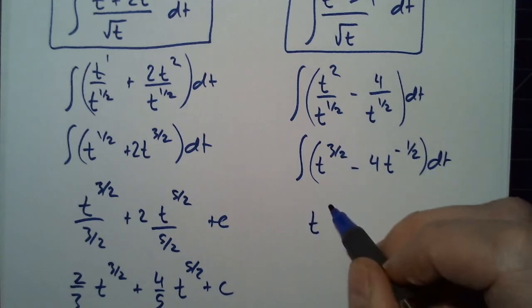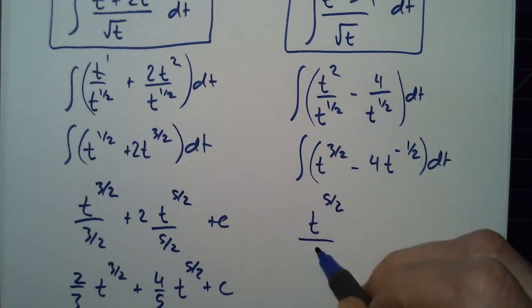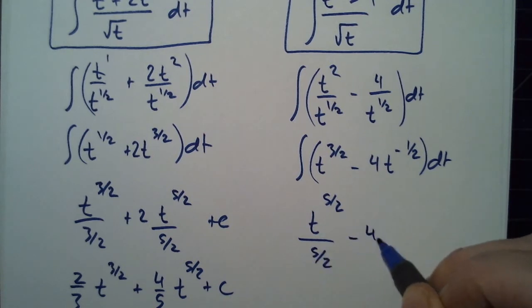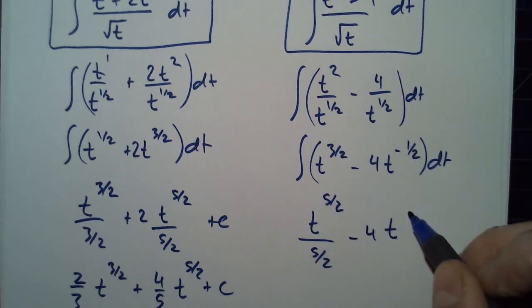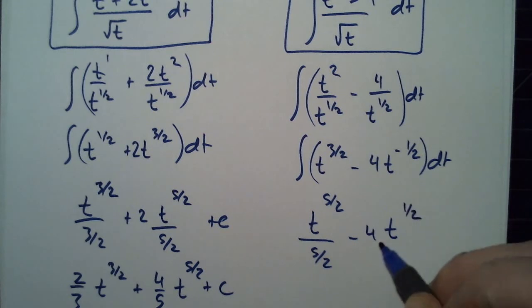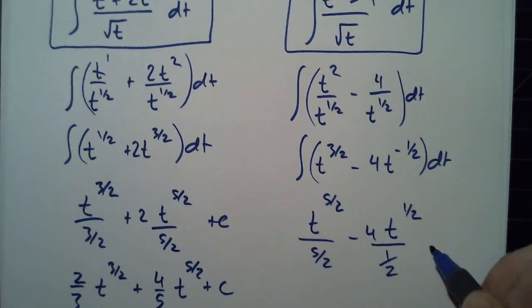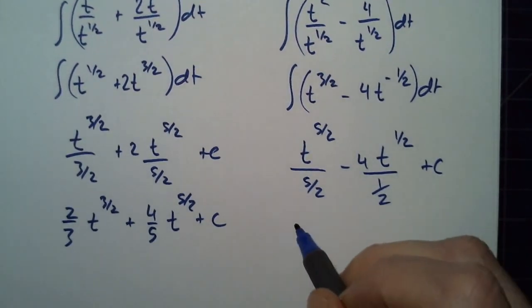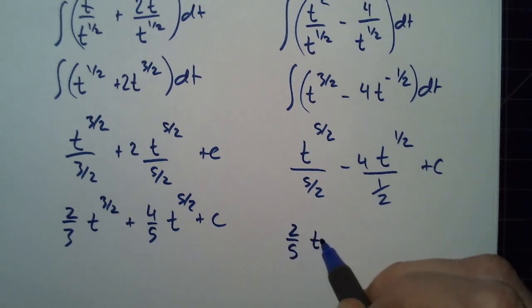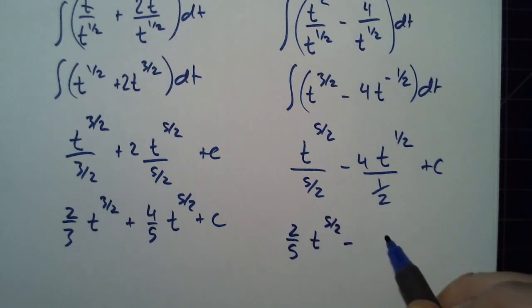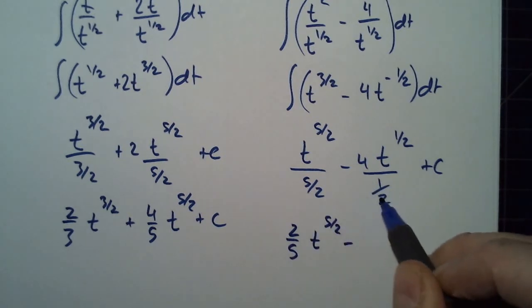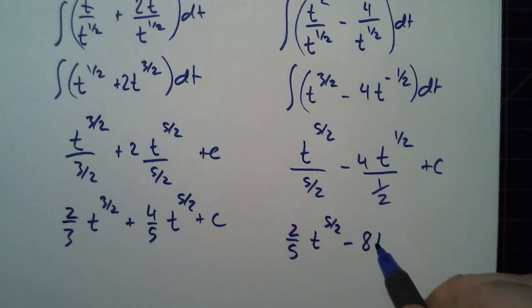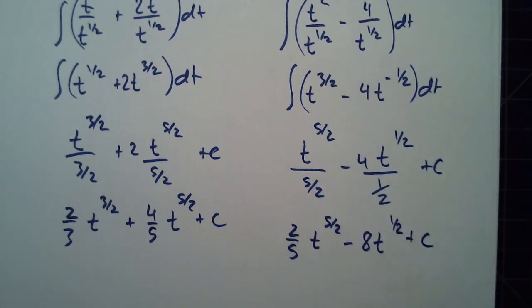Add 1, 5 over 2. Add 1 to that, and we get 1/2. Two-fifths t to the 5/2, multiplied by the reciprocal, and we get 8 t to the 1/2 plus c.